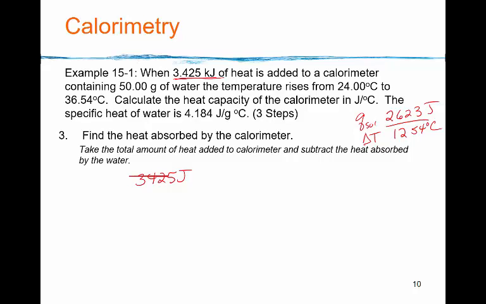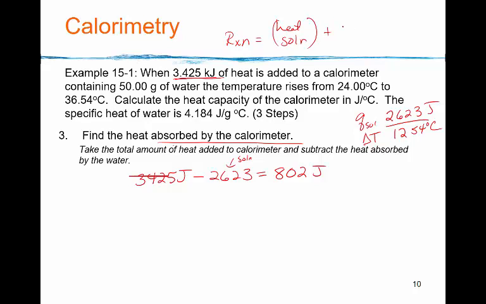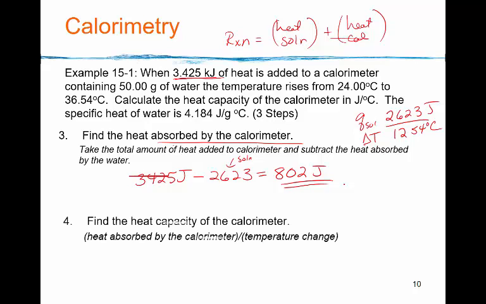So 3425 minus 2623, that was the heat absorbed by the solution, and the difference between those two is going to be 802 joules, and that's going to be the heat that was absorbed by the calorimeter. Because remember, the reaction is going to be the heat from the solution plus the heat from the calorimeter. So 802 joules was absorbed by the calorimeter.